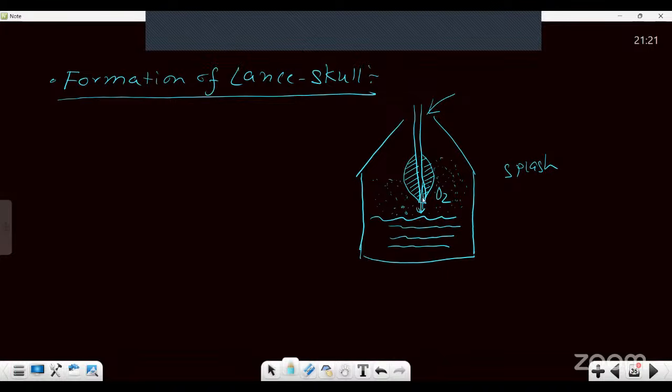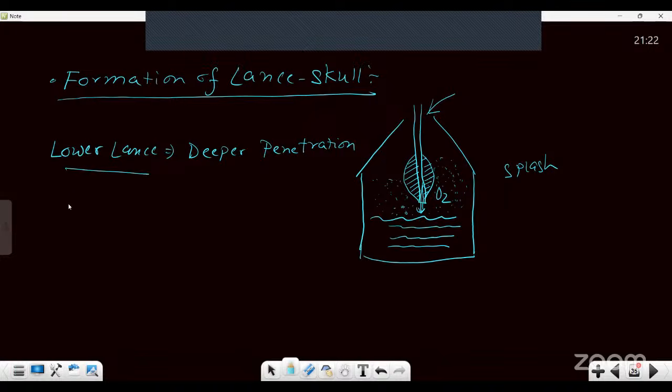Now, if I lower the lance and make it very close to the hot metal, what happens? A lower lance gives deeper penetration, but the surface area is going to be less. Surface area means the area in which the oxygen comes in contact with the hot metal.